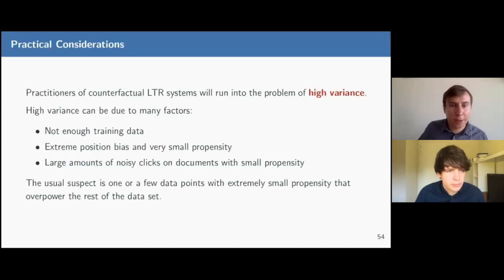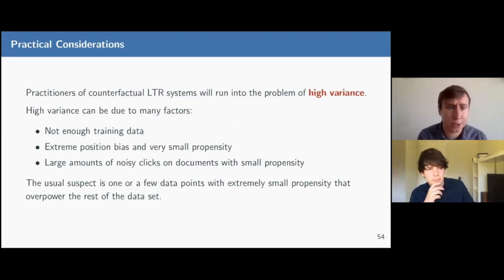So one problem that is fairly typical when doing any type of counterfactual analysis, really, but specific to counterfactual learning to rank systems, is this problem of high variance. And this high variance can be caused by many factors. One problem is that you don't have enough training data. Another problem could be that you are suffering from extreme position bias, which in turn results in very small propensity scores because certain documents, the probability that it's being examined is extremely small.